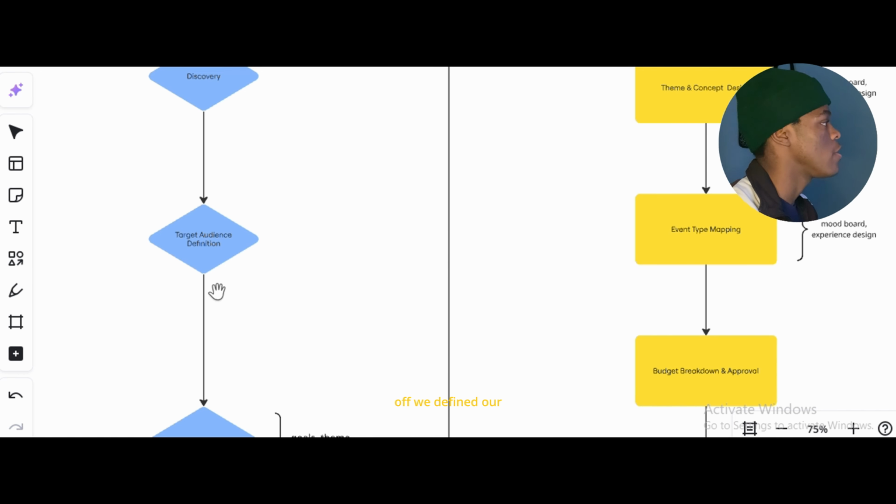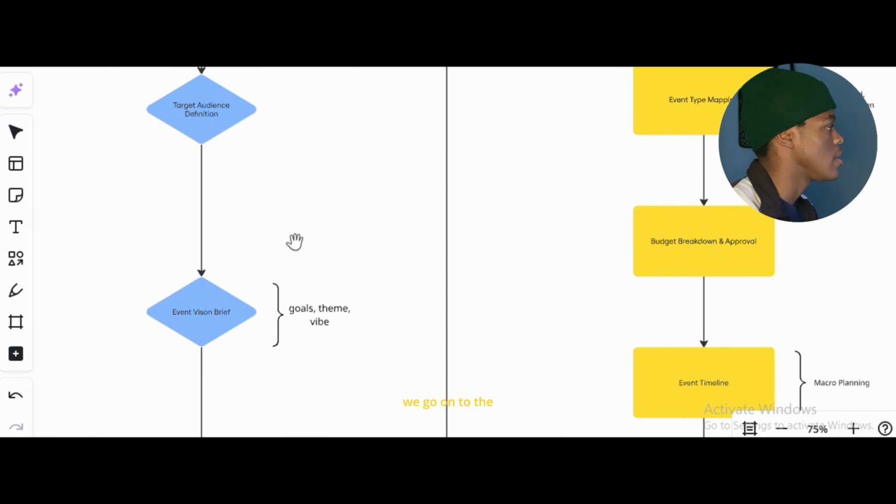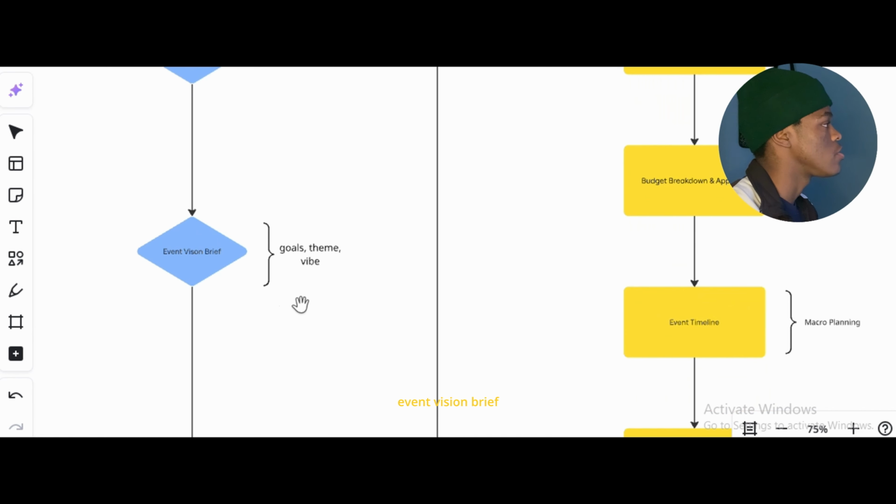Just like the park off, we defined our target. Car lovers, that was our target audience. It was people who liked cars. And then from there, we go on to the event vision brief. Basically, in this stage we define our goals, themes, or vibe.